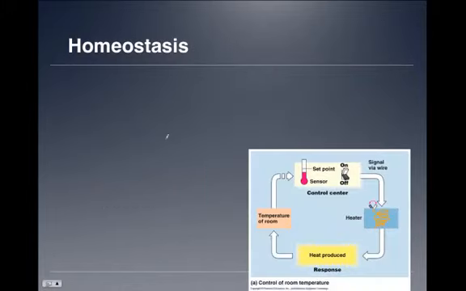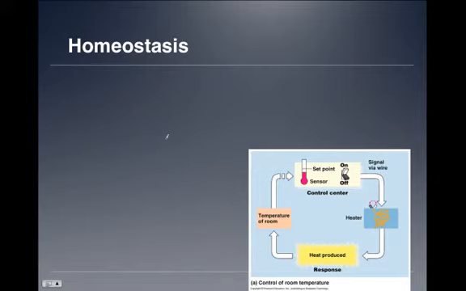All right, so now we're going to leave some of these basic requirements for living organisms behind, and we're going to talk about something that is going to be the theme of almost every chapter from here on out. And this is something called homeostasis.